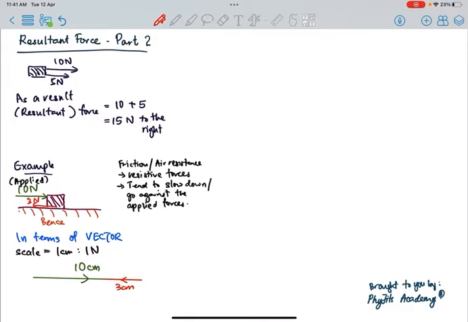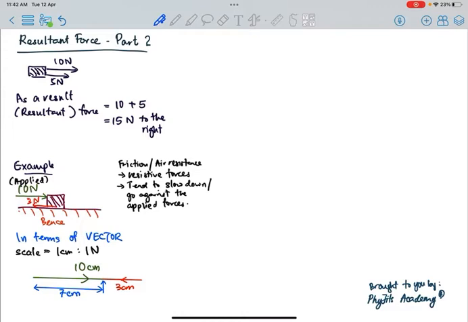Finally, when we join the two lines, the end of the joining is nearer now. It's somewhere at this point here. If you measure the length from the starting point to that point, it is only 7 centimeters. So the result of the two values, 10 minus 3, gives 7.